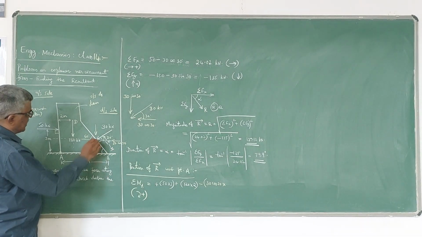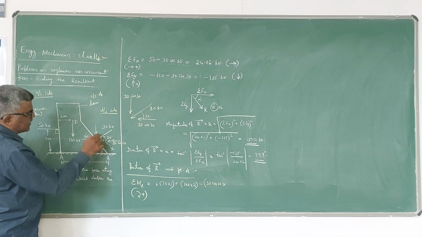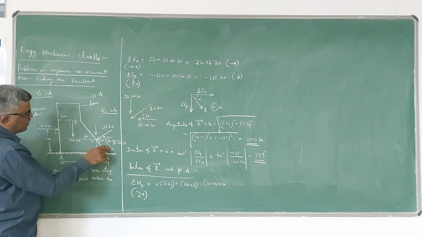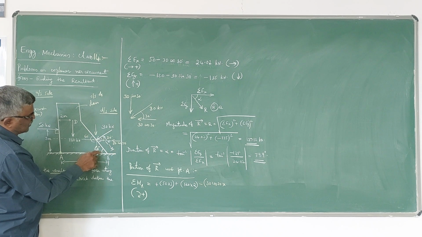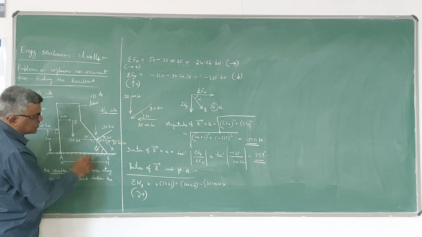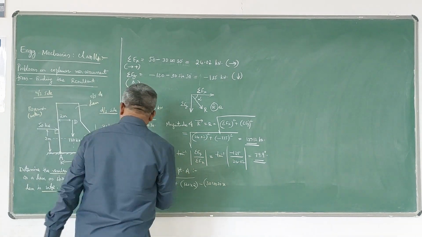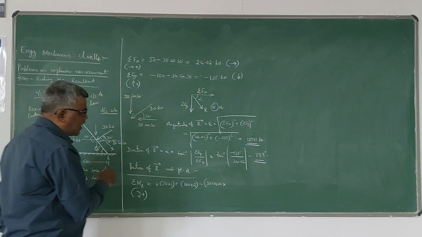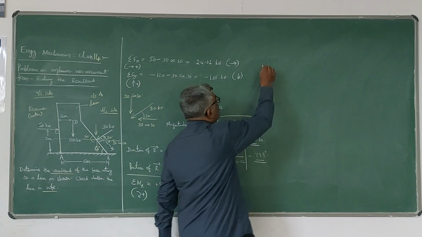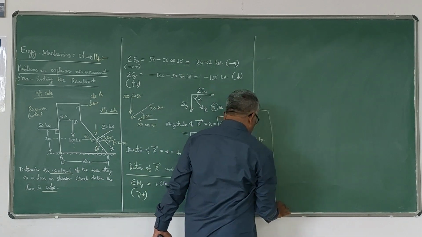So we have to calculate this vertical distance now, because the inclined distance of 1 meter is given and this angle is known. So let us calculate this distance by taking a triangle. This small exercise we have to do. We have to take the sine ratio and cos ratio to get the values.